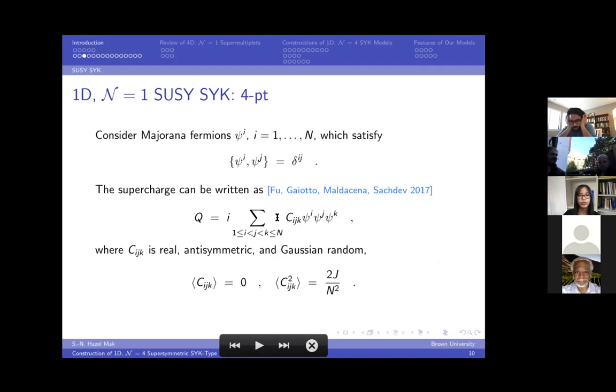There is a Gaussian random coupling that is contracted with 3 of these Majorana fermions. It is totally antisymmetric because these are fermions, and it's Gaussian random with zero mean and a variance specified by a constant.